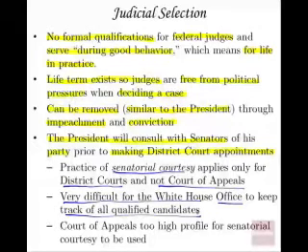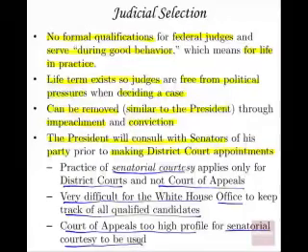So if anything, the idea is that the vetting process is actually delegated to the senators rather than the president. So the Court of Appeals, again, is too high profile for senatorial courtesy to be used. It's only found in the district courts.